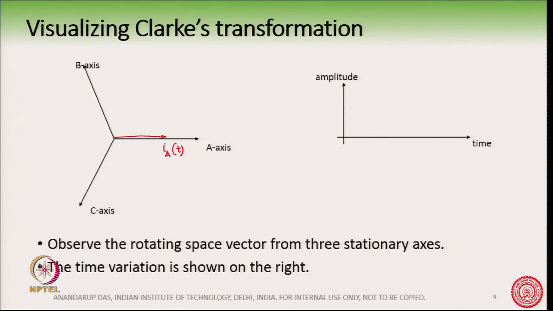As it is rotating, I will look at the time variation.